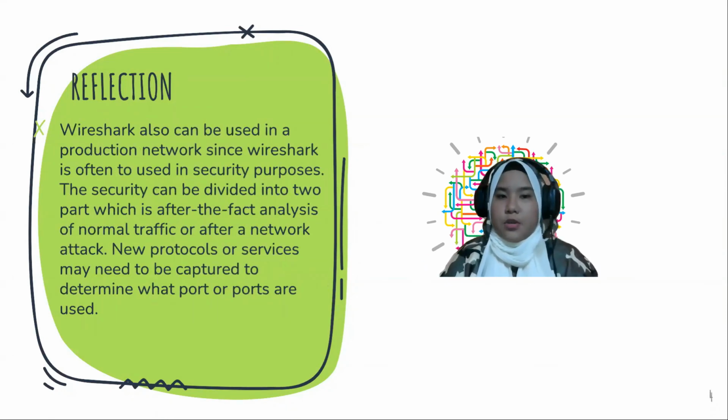Wireshark can also be used in a production network, since Wireshark is often used for security purposes. Security can be divided into two parts: after-the-fact analysis of normal traffic, or after a network attack. New protocols or services may need to be captured to determine what port or ports are used.